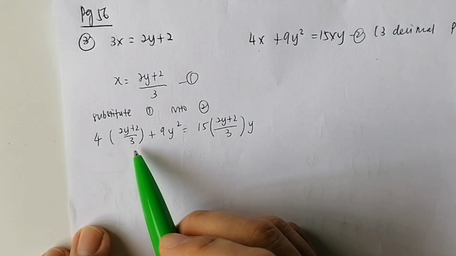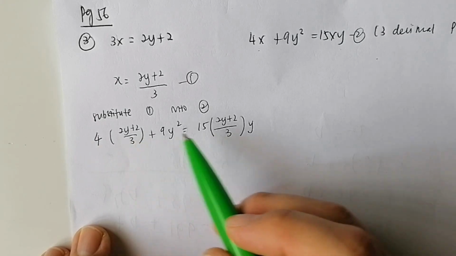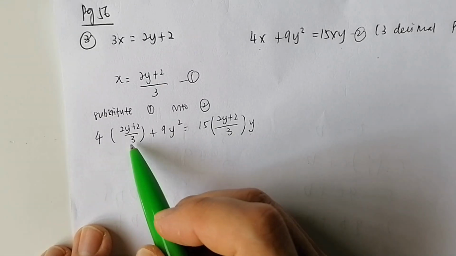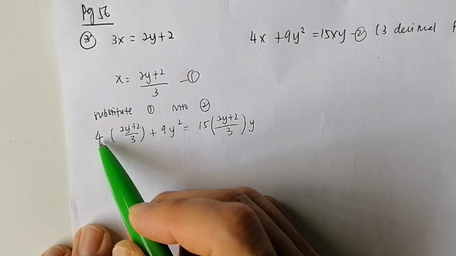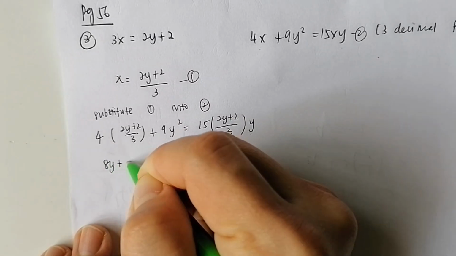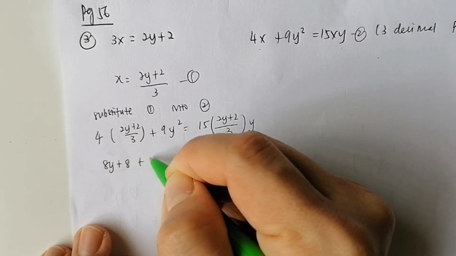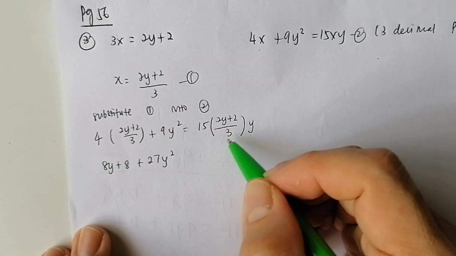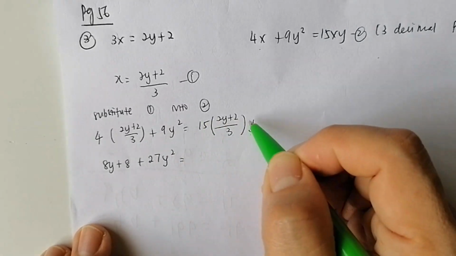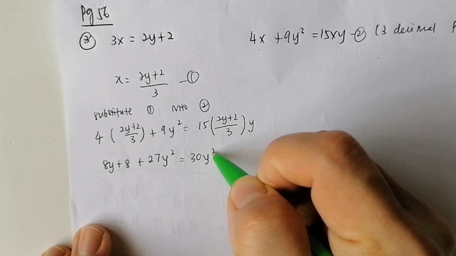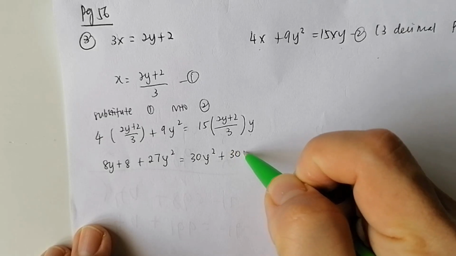Now the first step, if you want to get rid of this 3, each of the terms we multiply by 3. Here when you times 3 it cancels off, so you are left with 4 multiplied in, 8y plus 8. Here times 3, 27y squared. Here you times 3 and it cancels off, so 15y times 2y, you are going to get 30y squared plus 30y.